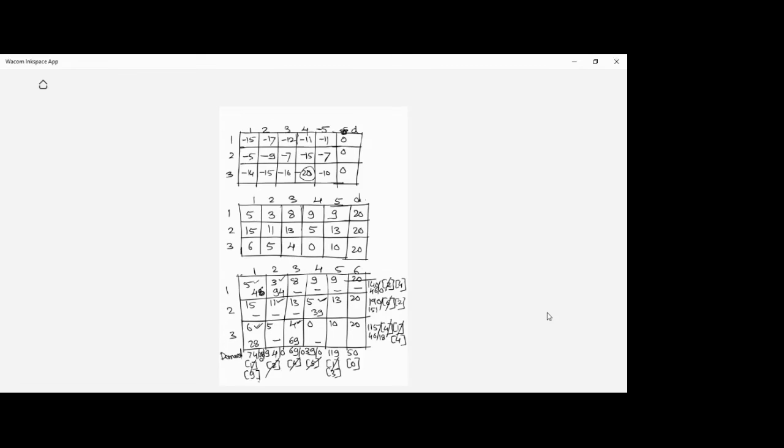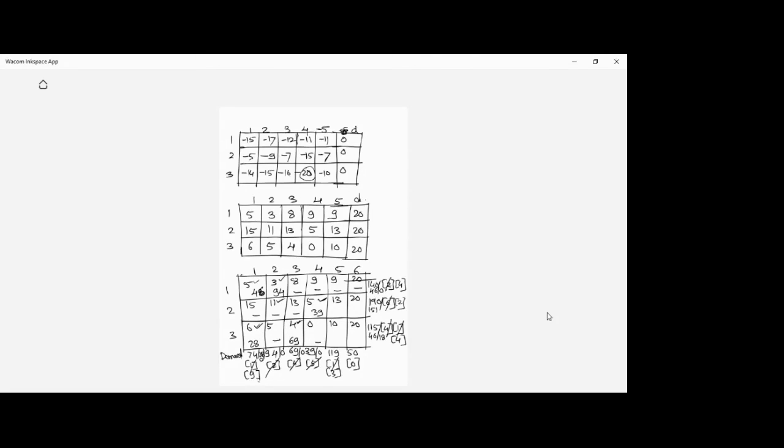Now recalculating the penalties, can we calculate the penalties? Yes, it will be 20 minus 13 is equal to 7, right? And it will be 20 minus 10 is equal to 10. So for column number 3 and 4, we have to use it now wisely, because not many are pending.